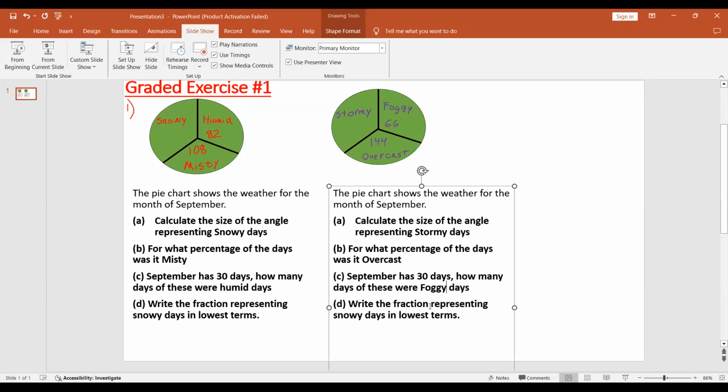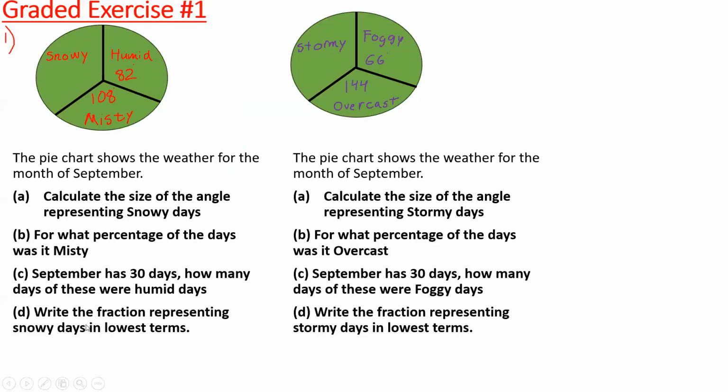And I want the fraction representing stormy days in lowest terms. I'm just going to give you 2 for the sake of time. So let's just do 2. Okay, good.